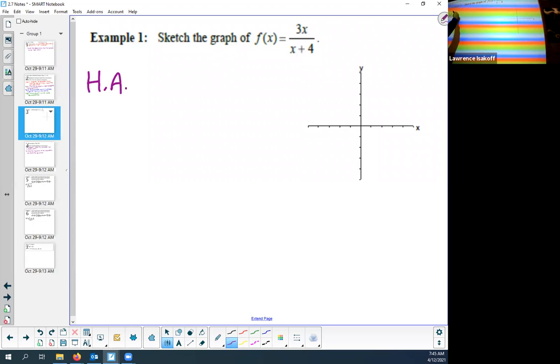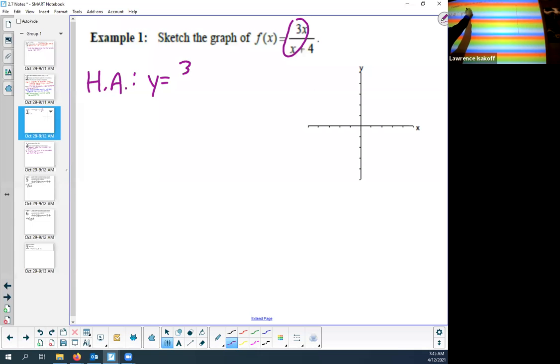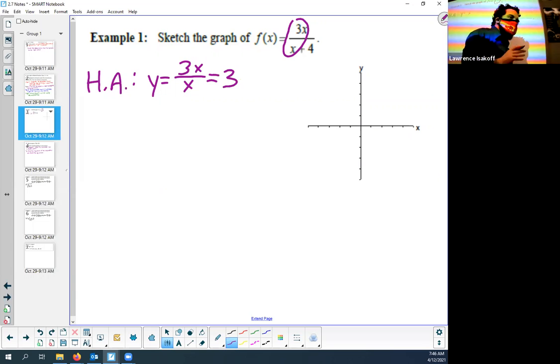When I'm looking at my horizontal asymptote, I'm just going to look at what's up top, so that's going to be like y equals 3x over x. Those x's would cancel out, reducing it to just 3. So at y equals 3, I'm going to put a horizontal dashed line.